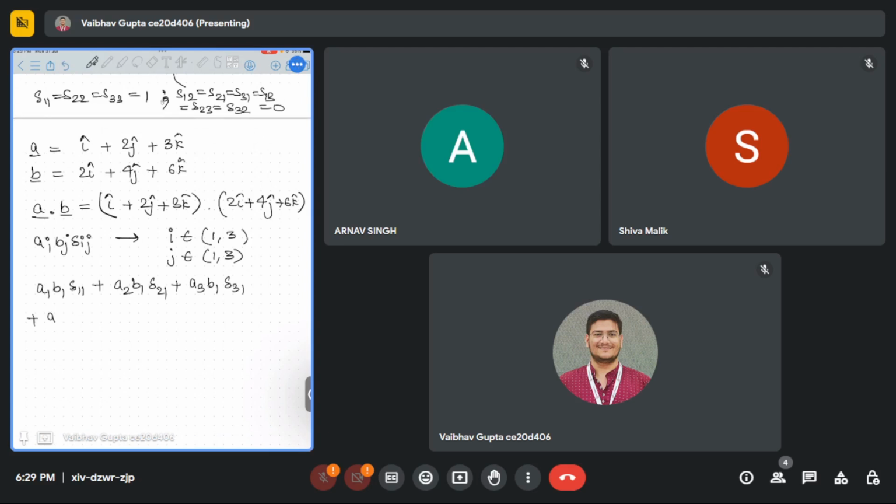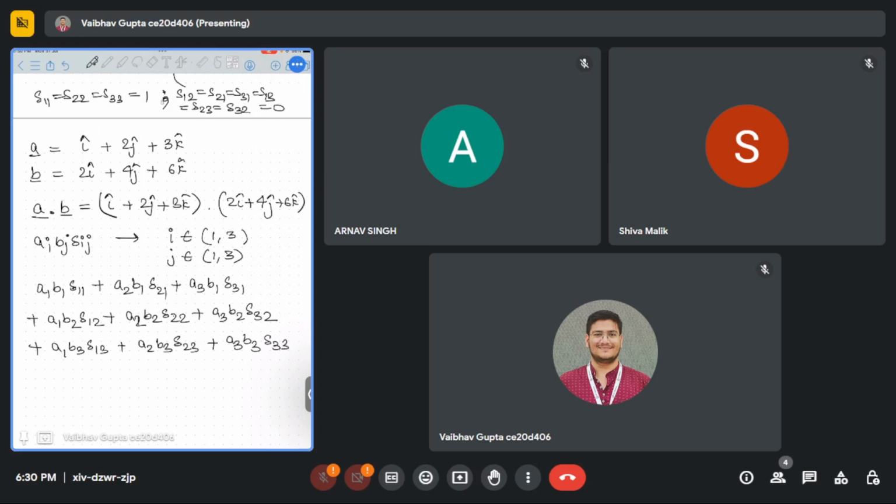Now plus A1 B2 delta 1 2, plus A2 B2 delta 2 2, plus A3 B2 delta 3 2, plus A1 B3 delta 1 3, plus A2 B3 delta 2 3, plus A3 B3 delta 3 3.